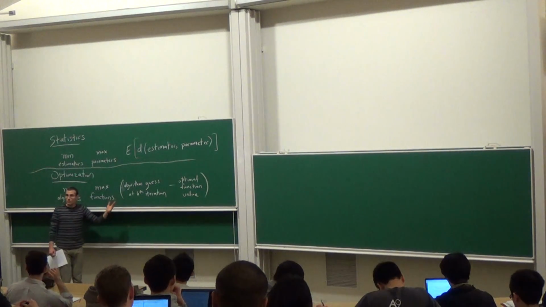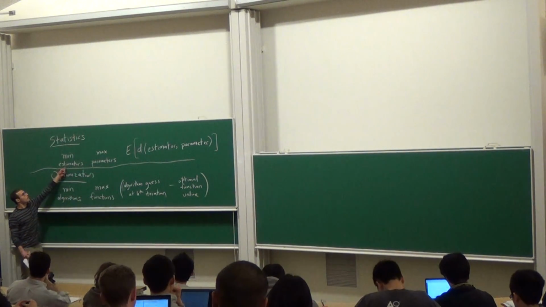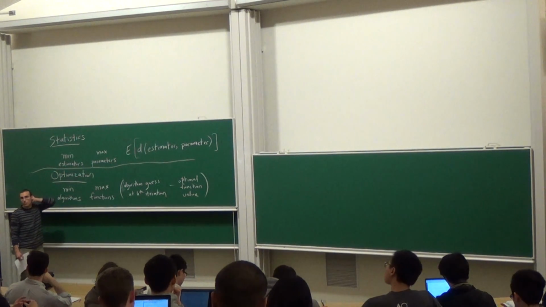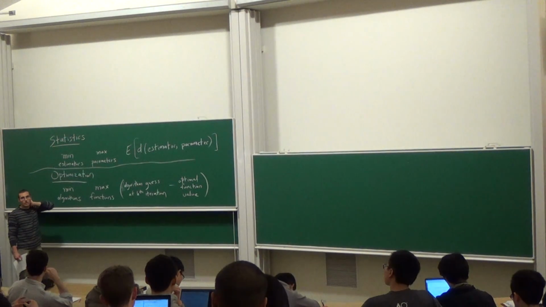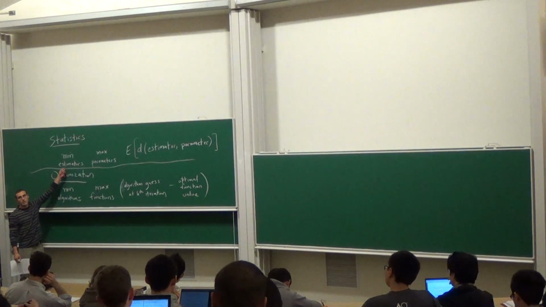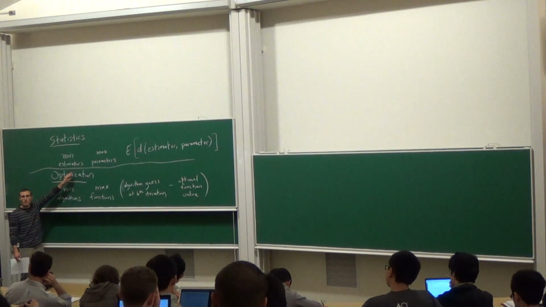The other important difference is that, remember we said that in minimax theory and statistics, there's no restriction over estimators here. This could be an estimator that requires an enormous amount of computational time. It doesn't have to be a polynomial time estimator. We generically don't make these kinds of restrictions.